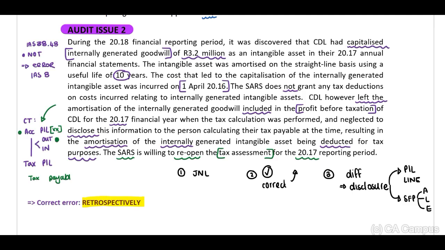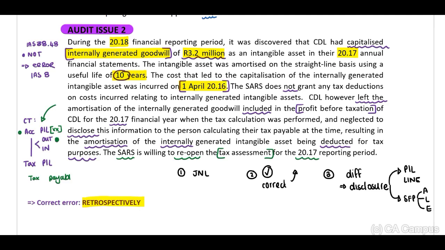Now, when we look at the information briefly, you will remember they've indicated to us that during the 2018 financial reporting period, it was discovered that CDL had capitalized internally generated goodwill of 3.2 million as an intangible asset in their 2017 annual financial statements. They've indicated to us that they've amortized this asset, and the cost that led to the capitalization was incurred on 1 April 2016.